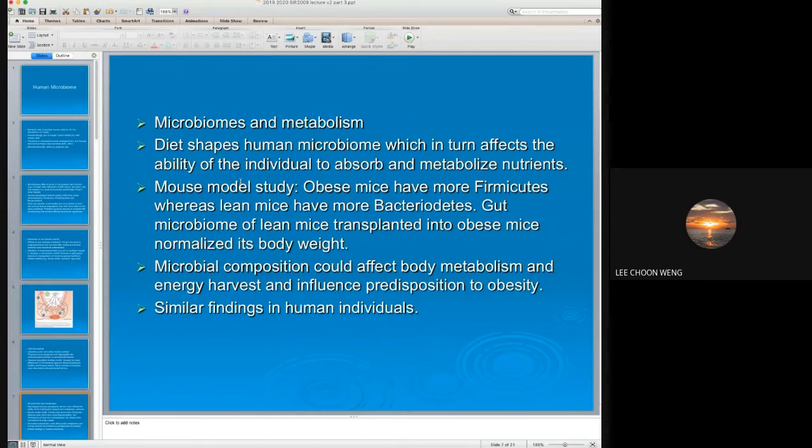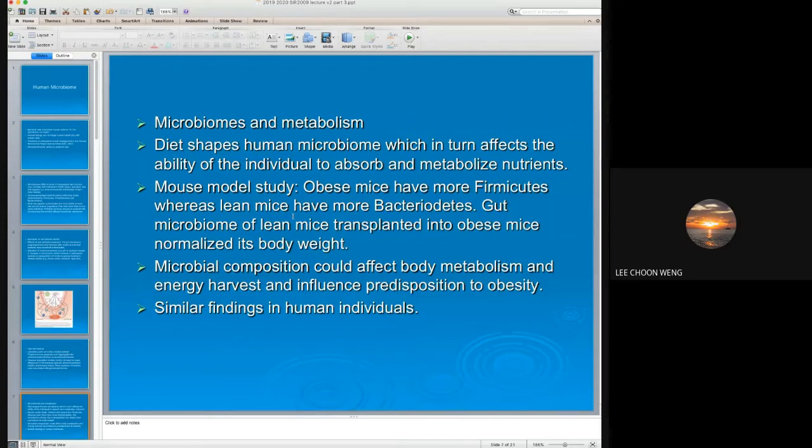From mouse model studies, they found that the obese mice have more Firmicutes, whereas lean mice have more Bacteroides. Interestingly, when they transplanted the gut microbiome from the lean mice into the obese mice, it actually normalized their body weight.